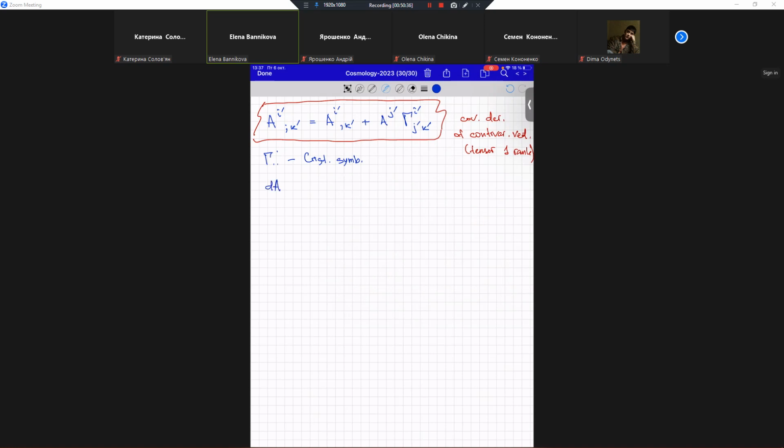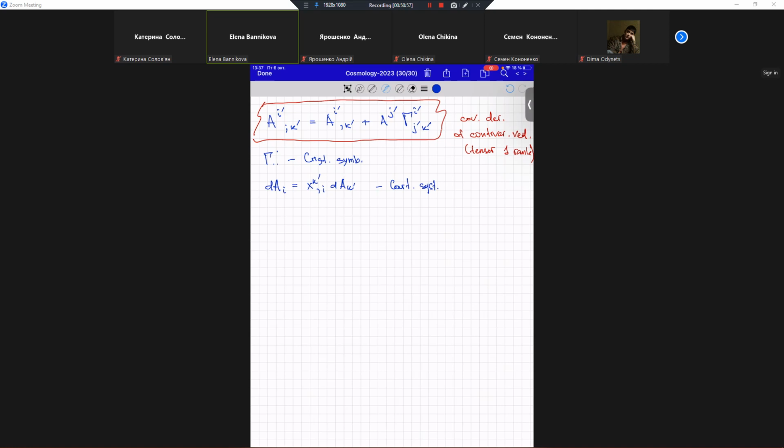if you want to find d a i, so we just have x k prime, as you understand, d a k prime. So this is just a Cartesian system.